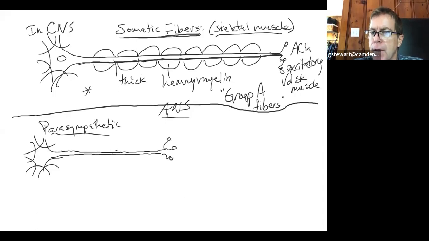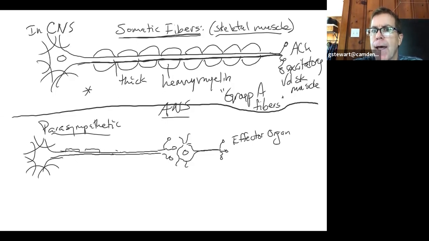There's a ganglion or synapse connection point with a postganglionic neuron. So I'm going to draw another cell body, not as many dendrites typically around it, and a short, super thin axon. This would be the effector organ. This preganglionic, lightly myelinated axon.